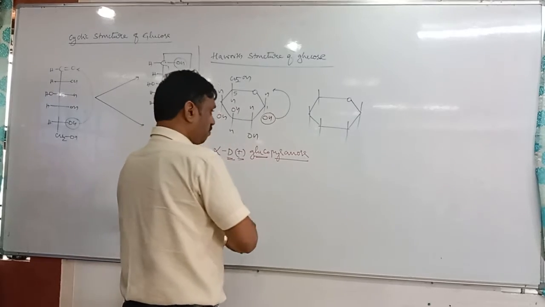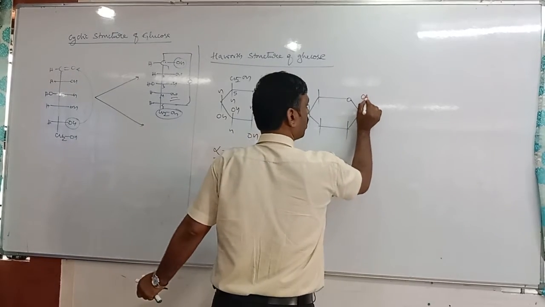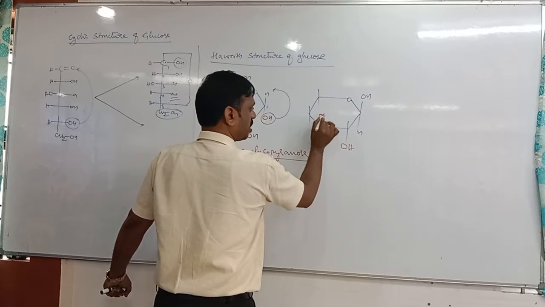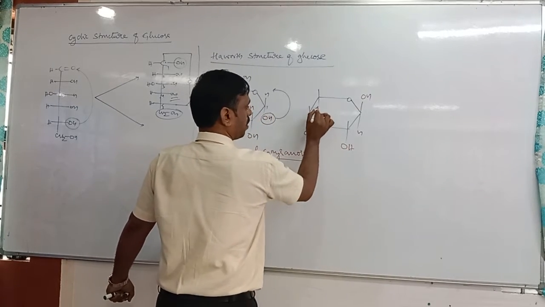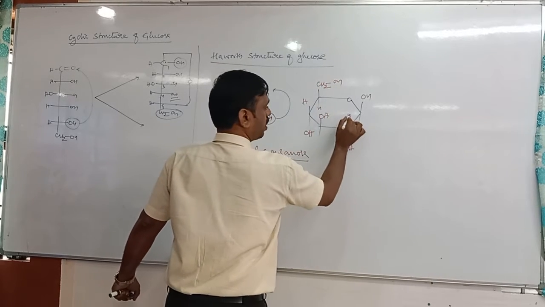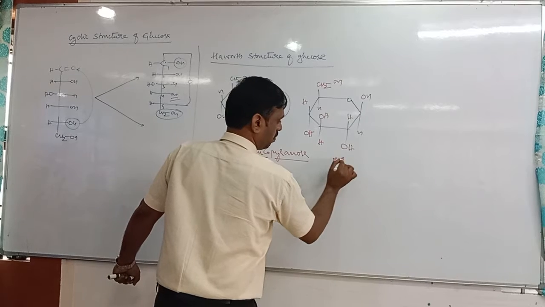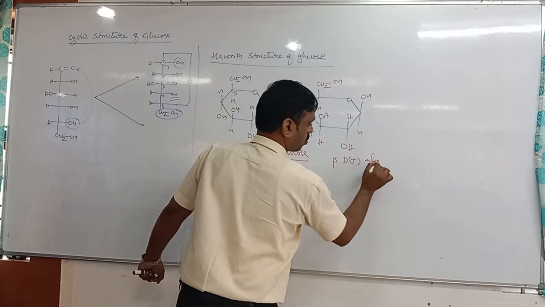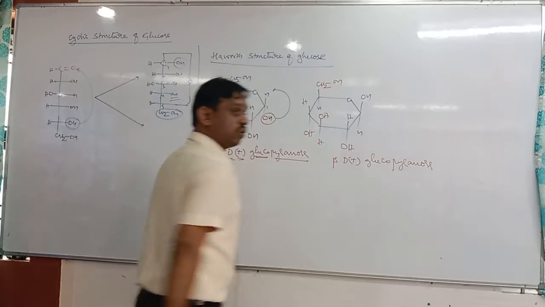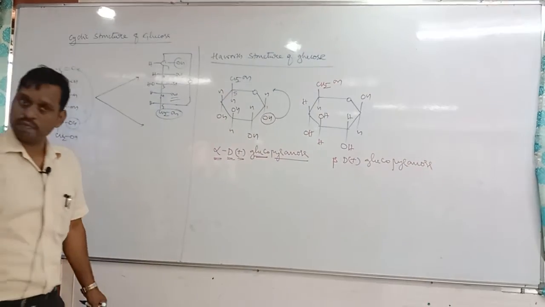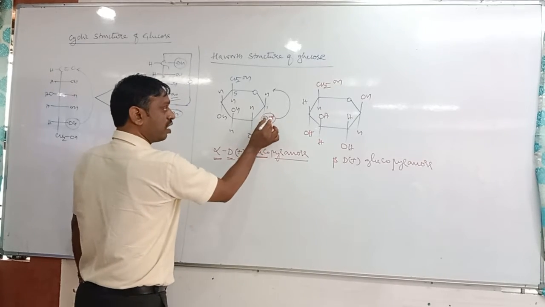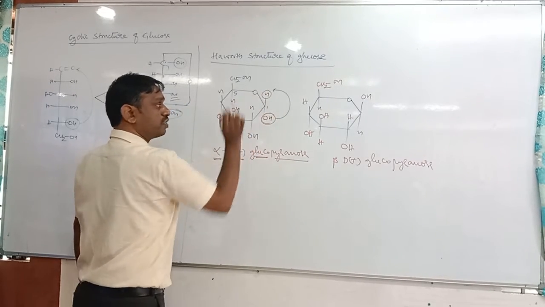So if the first carbon OH comes up and H is down, and the remaining groups are exactly the same as alpha, this is called beta D plus glucopyranose. Therefore, glucose exists in two forms, alpha D plus glucopyranose and beta D plus glucopyranose, by changing the H and OH group on the first carbon.